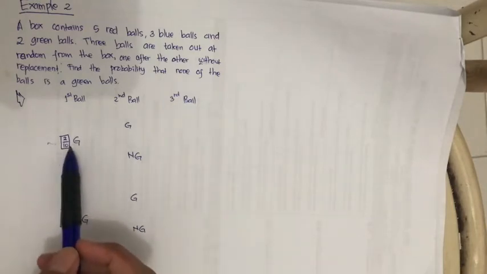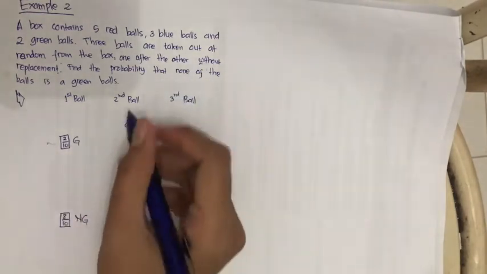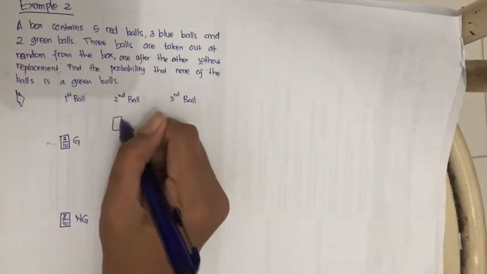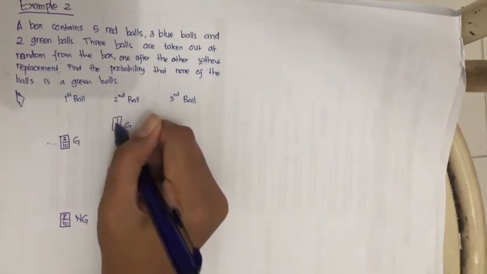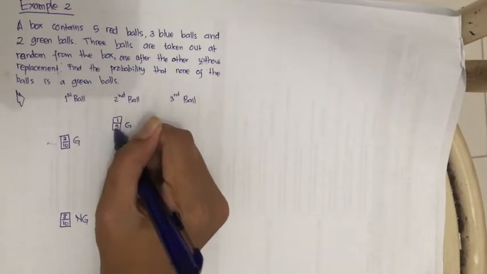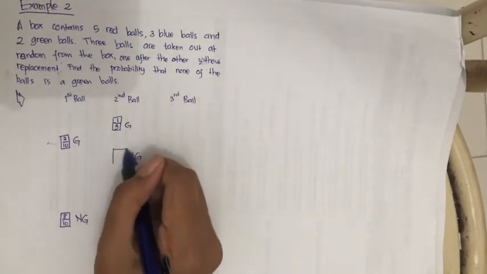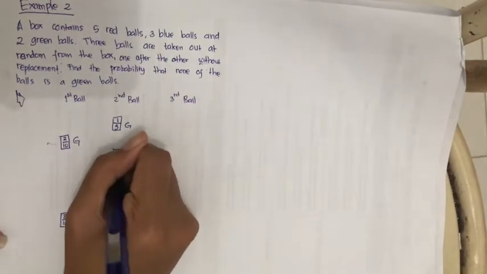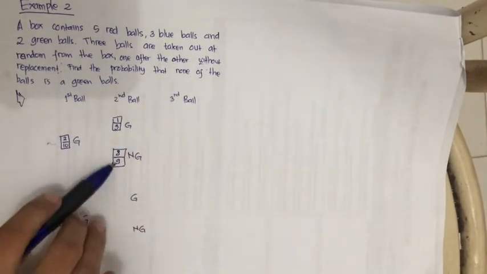Because we already take 1 without replacement. So the probability here is 1 out of 9. And for non-green, because we got a green ball, we have 8, 5 red and 3 blue, so 8 out of 9.